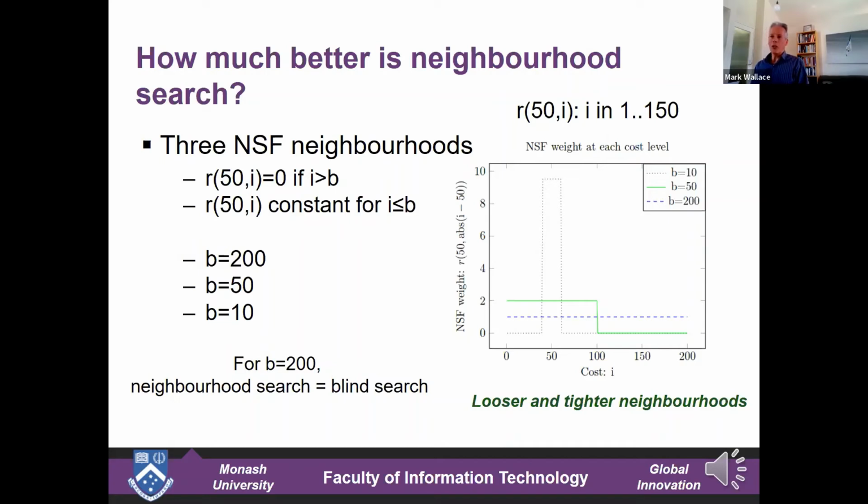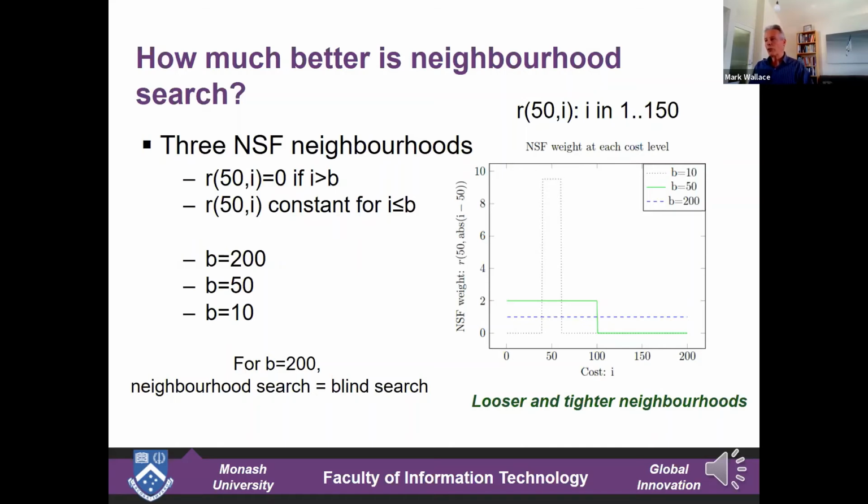And if B is 200, that means that the neighbour of a point can be any point in the search space. We'll also assume, for the purposes of this benchmark, that if you're within the fitness range, then the probability of a neighbour having this fitness is equal, no matter what the value is, as long as the difference between the point and its neighbour is less than B. It's equal probability.